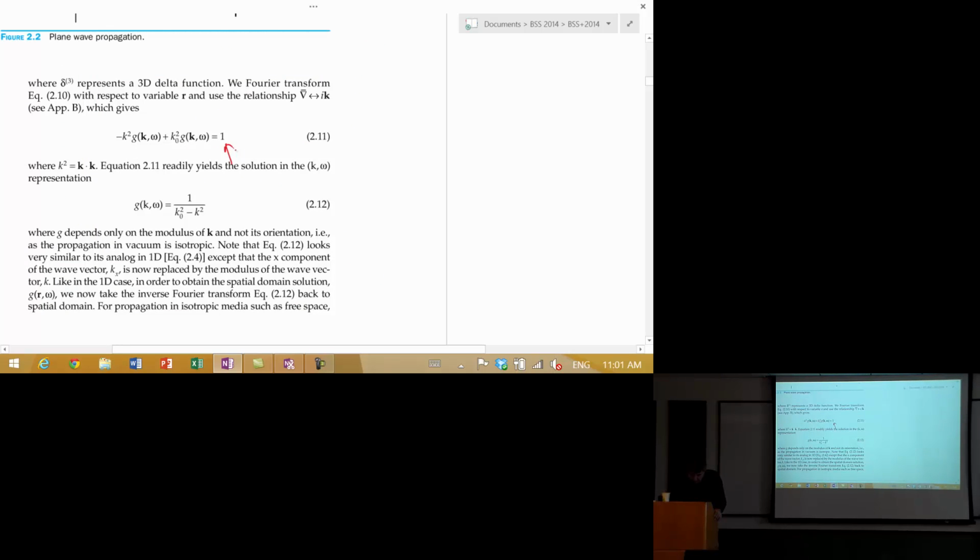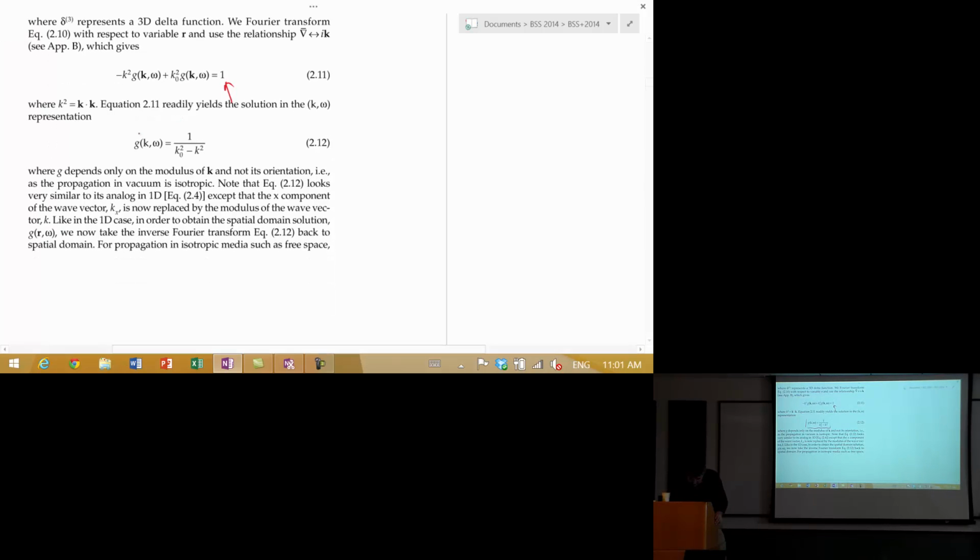The Fourier transform of the Laplacian I showed you earlier gives you minus k squared, where now k is a scalar, the length of the k vector, so it's k squared minus k naught squared. So it basically looks almost like in the one-dimensional case, except for one little difference. Instead of kx, I have k, which is the magnitude of the vector k. And that turns out makes all the difference.